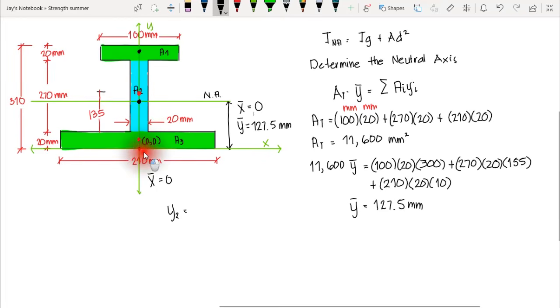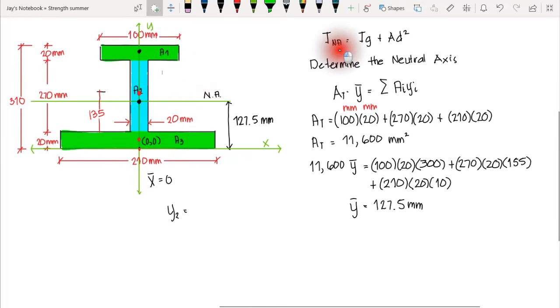And now, since we have already computed the location of our neutral axis, then we can now transfer our moment of inertia of every section to the neutral axis. Okay, so we can now compute the transformed moment of inertia of the entire cross-section.